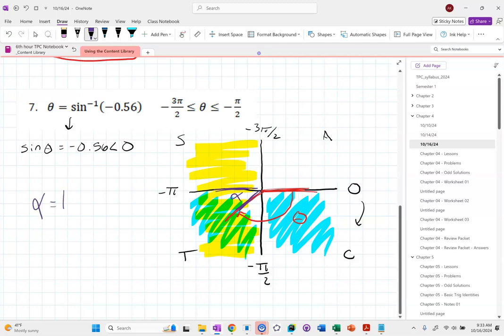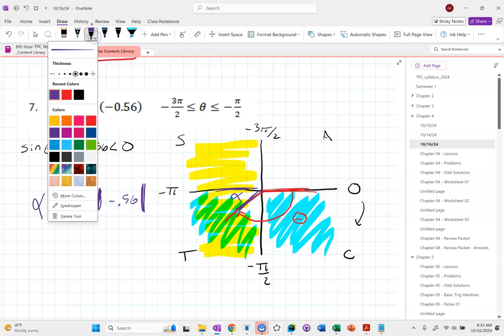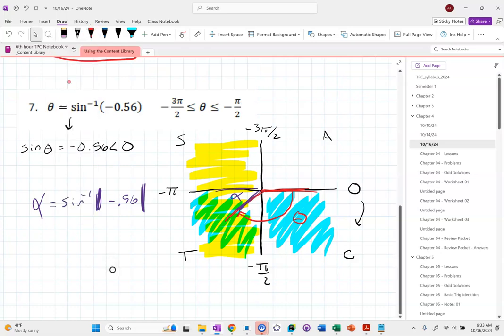If I write my equation for alpha, well, I know that's just going to be my inverse function of the absolute value. And now I'm going to write my equation for theta.